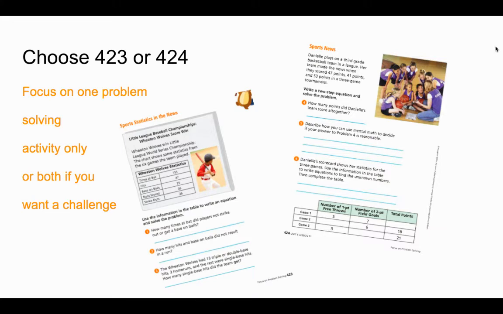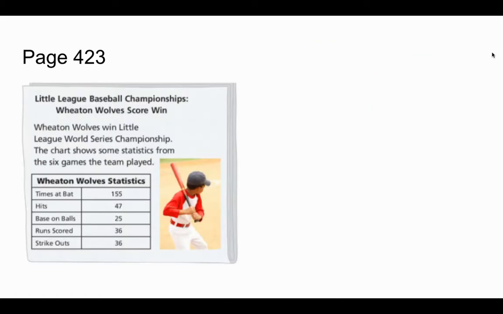Okay? The first one is all about Little League Baseball Championships. Wheaton Wolves win Little League World Series Championship. The chart shows some statistics from the 6 games the team played.